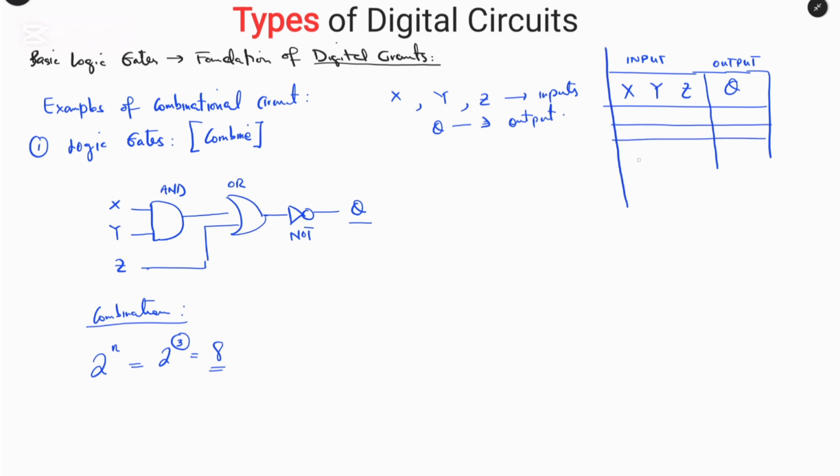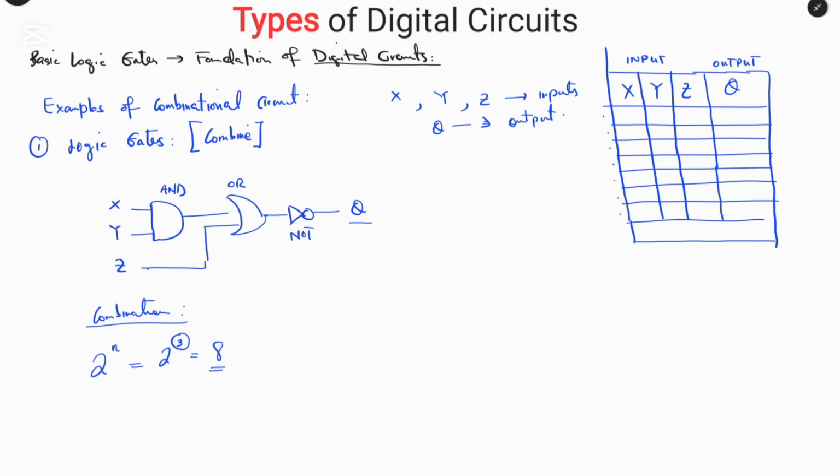So we can have 8 combinations of the input values that will produce the output. So we can see we have 1, 2, 3, 4, 5, 6, 7, and the last one, which is the 8th. So this represents the input and Q represents the output.